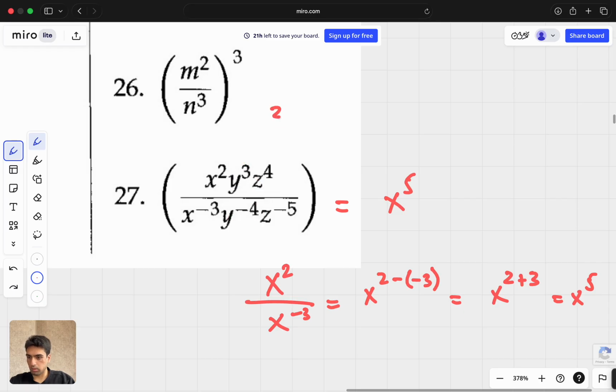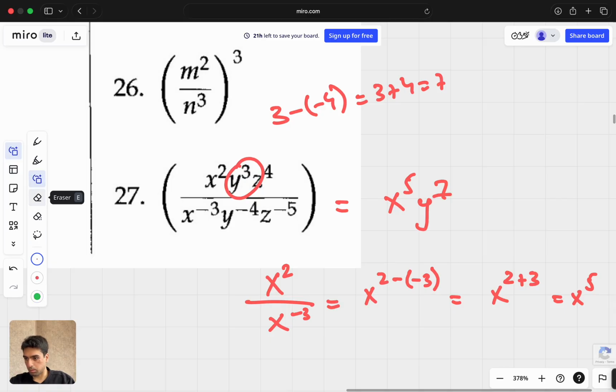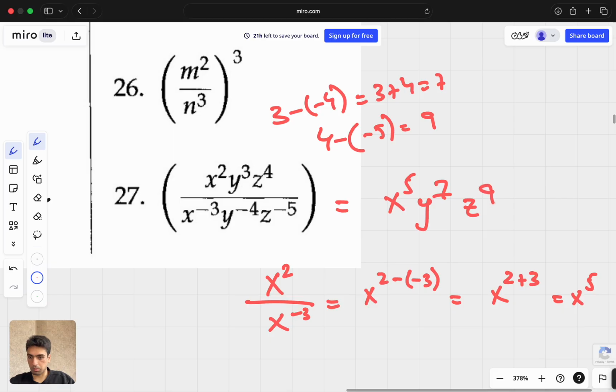So it'll be 3 minus negative 4, which is 3 plus 4, which is 7. So that's y^7. And then we have z to the power of 4 and z to the power of negative 5. So again, it's 4 minus negative 5, which is 4 plus 5, which is 9. So that's z to the power of 9.